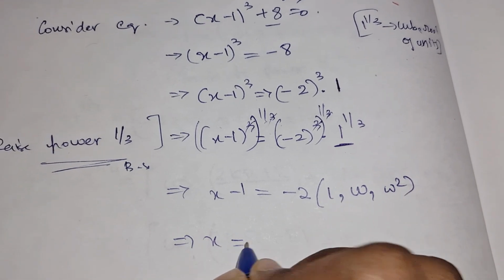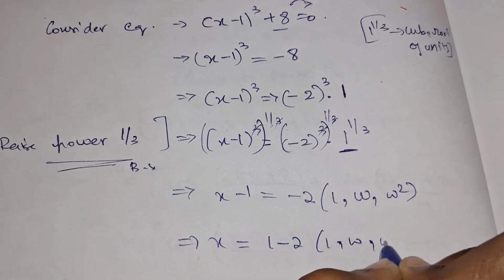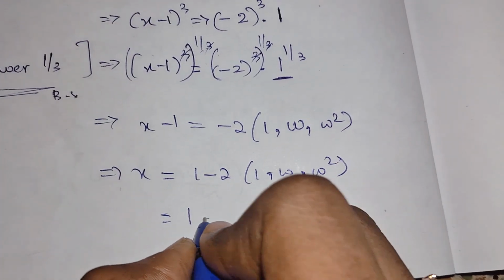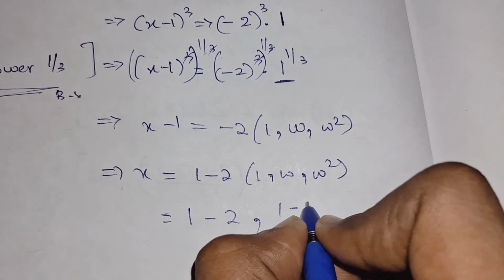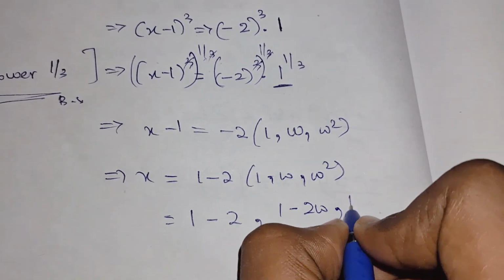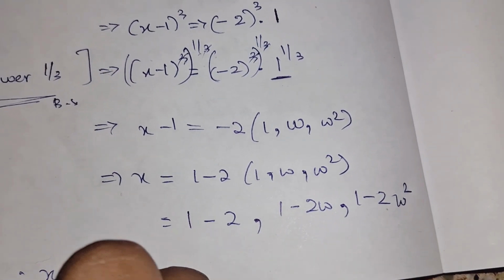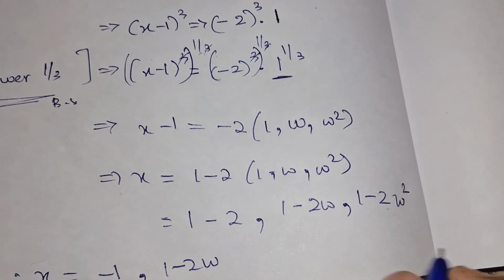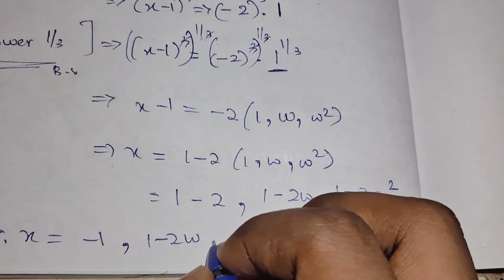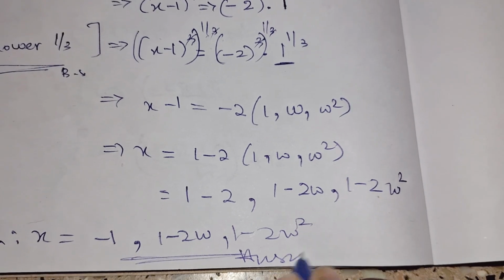Now x will be equal to 1 minus 2 times 1, omega, omega square, that is 1 minus 2, 1 minus 2 omega, 1 minus 2 omega square. Therefore x is equal to minus 1, 1 minus 2 omega and 1 minus 2 omega square. This is the answer.